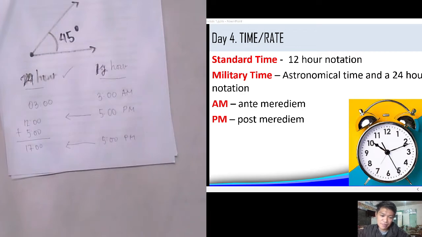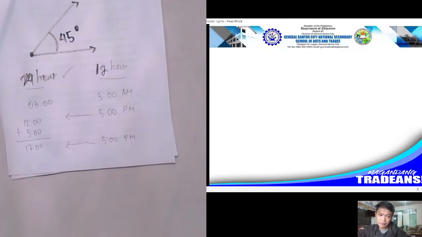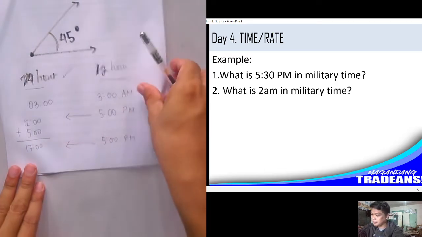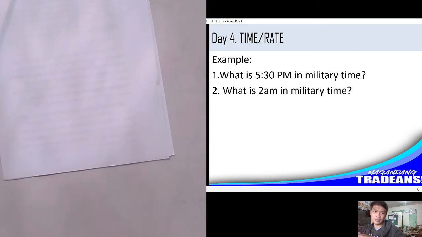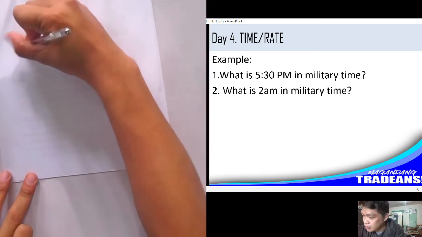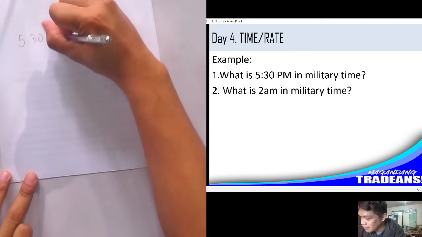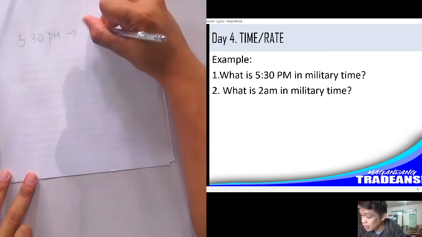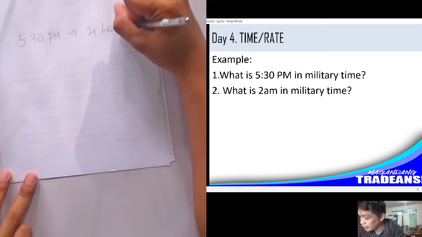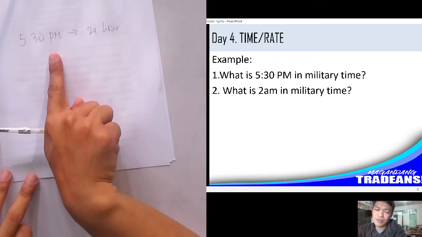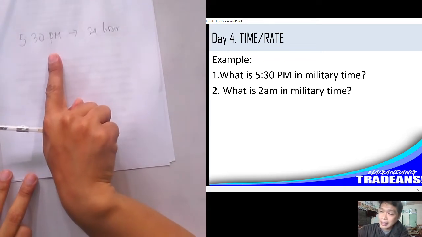So, let's have more examples. What is 5:30 p.m. in military time? Okay, 5:30 p.m. daw. Ano rin siya oras sa military time? So, we have 5:30 p.m. This is the standard time. We are going to convert that into a 24-hour format or military time. 5:30 p.m. lumampas po siya ng tanghali.